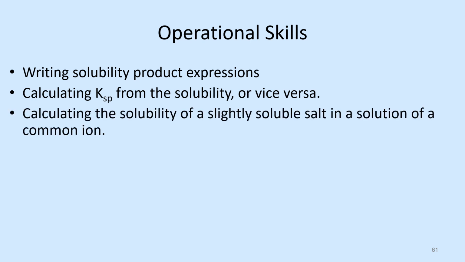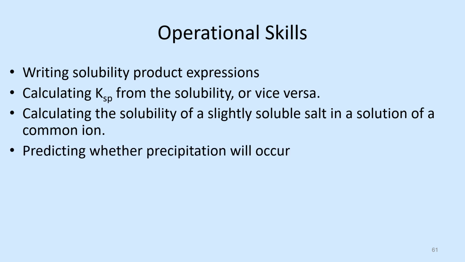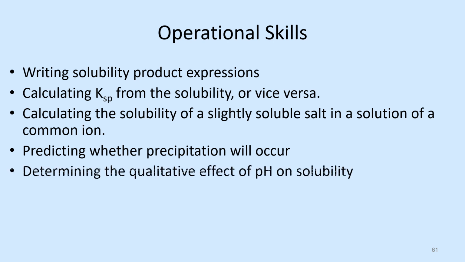You should be able to calculate the solubility of a slightly soluble salt if you have a common ion. And you should be able to predict whether a precipitation occurs, either given concentrations and the KSP, or given volumes and amounts and the KSP, using the Q to compare with the KSP.